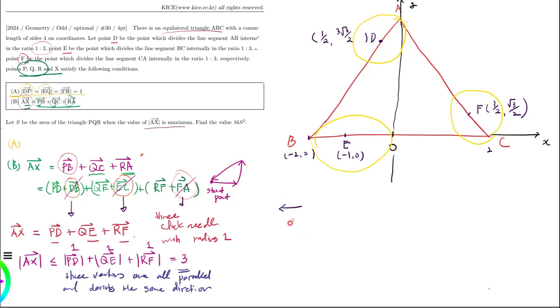I'm going to choose the three parallel vectors denoting the same direction here. It's D, it would be PD. So this one is P. So PD and QE. This is QE, and then this point is RF.